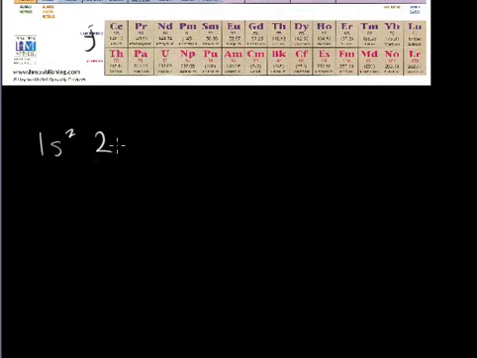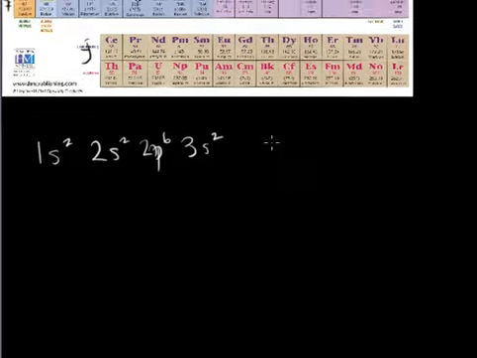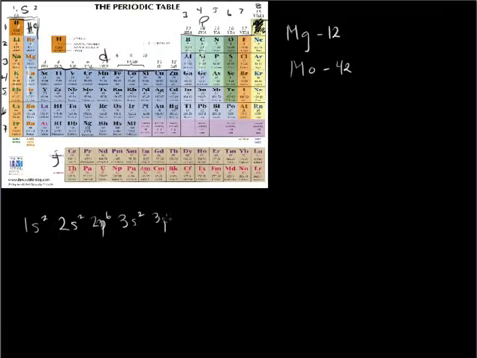1s2, 2s2, 2p6, 3s2, 3p6. Now we're down to our fourth level, so we're at 4s2. Now remember, D, what did I say? It goes up a level.